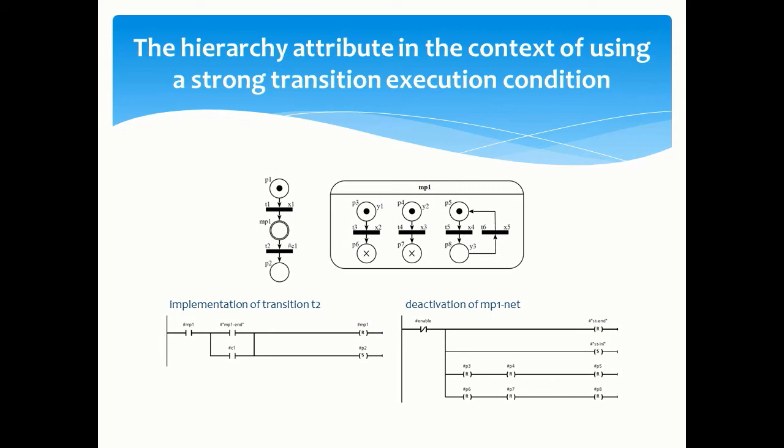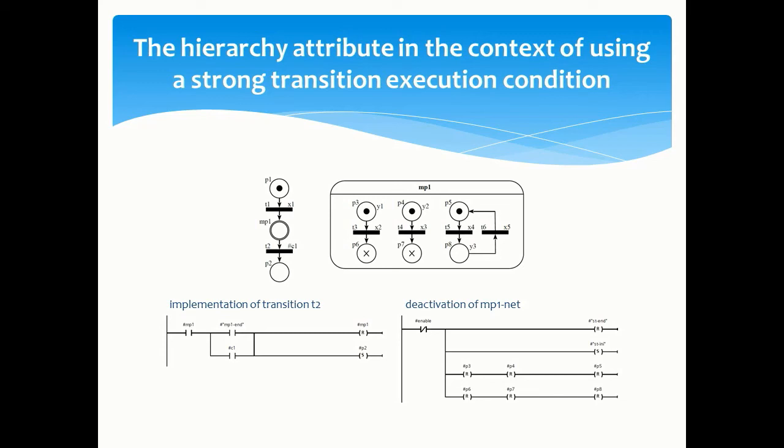The differences will consist in change of the condition for performing the transition T2 in the core network and on the need to deactivate all places from the subnetwork associated with the macro place MP1 without knowing which places were active. The conclusion that can be drawn is that extending the functionality of the MP1net block by deactivating all places can cover both the presented cases of execution of the T2 transition, with and without expropriation.